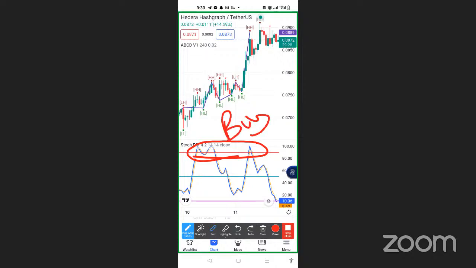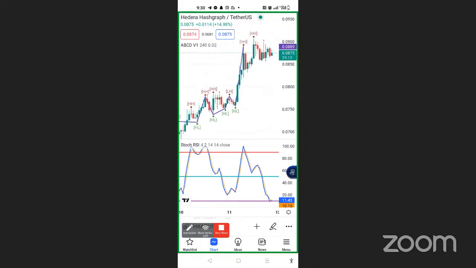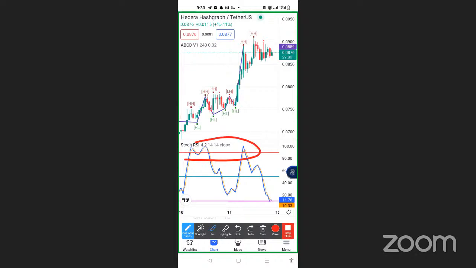You see it moved from the higher low to the higher high. So even if someone sends you a signal and you find that this signal has formed a higher high, please don't get in the market because you are putting your funds at risk. This coin, yes, it can go back, but it has hit the top and it is now going to hit the bottom. It has hit the top and it is in the overbought area.